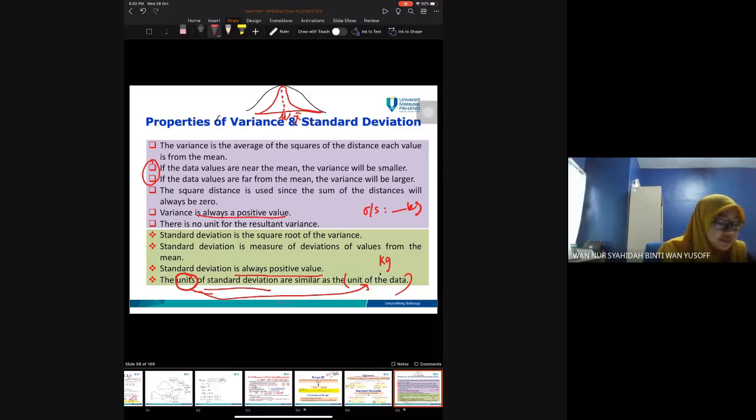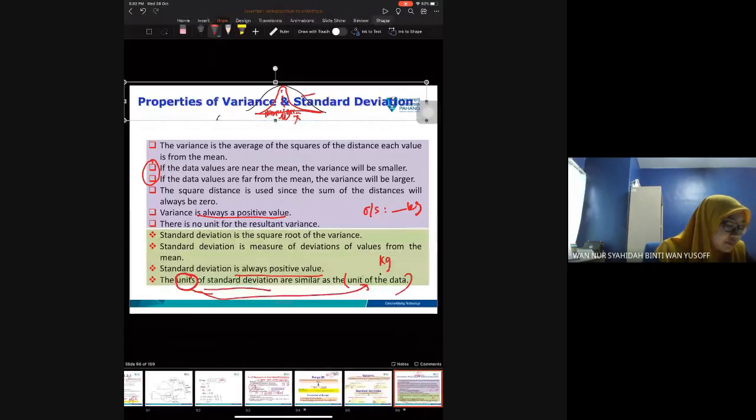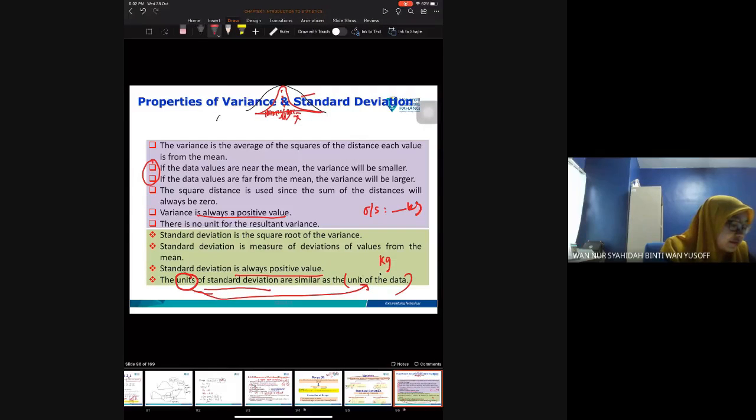The red one means that your graph shrinks, so your data values are close to each other, close to the mean. So we have a smaller variance. But the black one has a larger variance, because the data values are far from the mean.